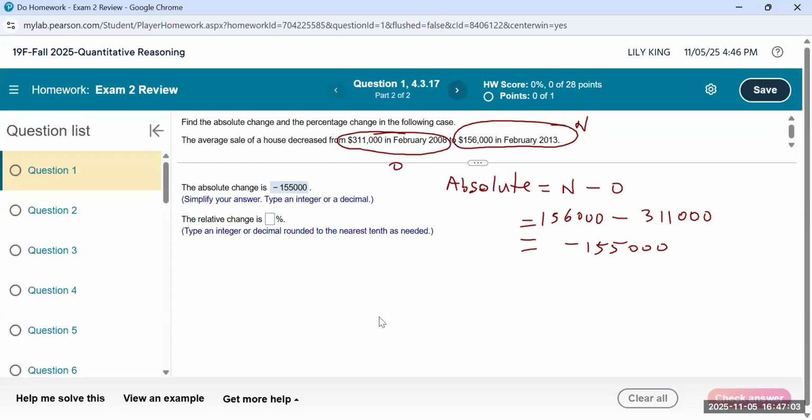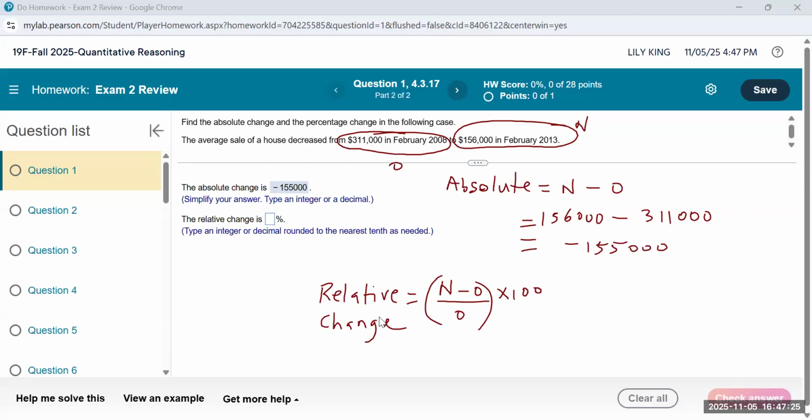Now, the next one is a relative change, and to find relative change, this is new minus old over old, and you always have to multiply by what? 100. Okay, relative change is also a percent change, so do not forget to express it as a percentage. So new minus old is what we found on the first part, that is the same as the absolute change.